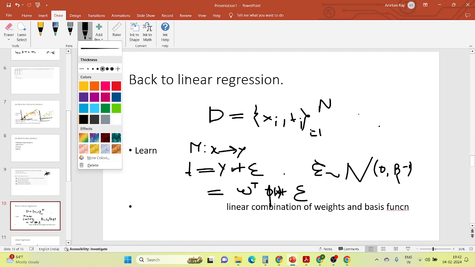There can be error while reading the instrument. The instrument might not give the right reading. So we have some error in taking the data, and that error is called noise.